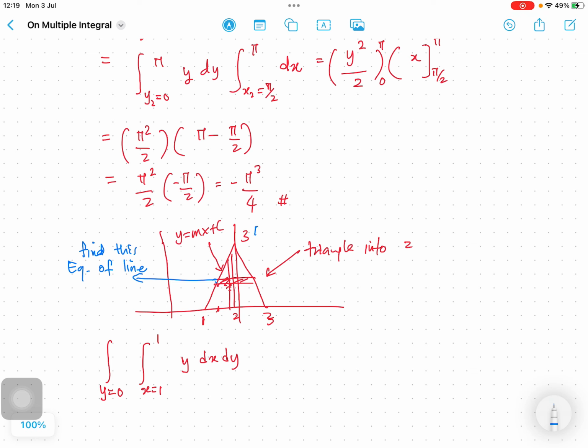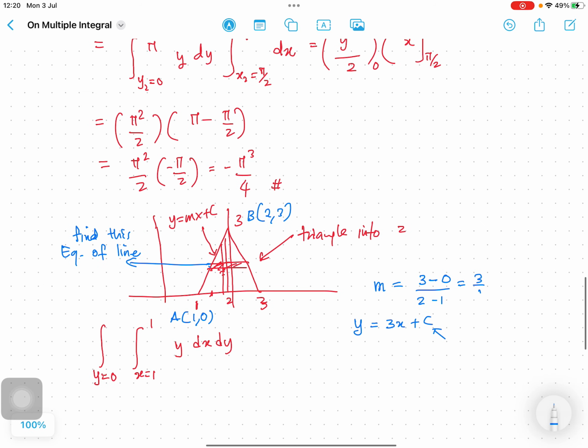Well, let's say this is B(2, 3), this is A(1, 0). Can you find m? So your m you can have (3 minus 0) over (2 minus 1). So 3 over 1. So perhaps your y equals 3x plus c, and c you can find. So this one, your y here is mx plus c.